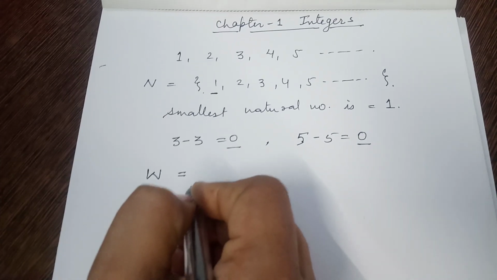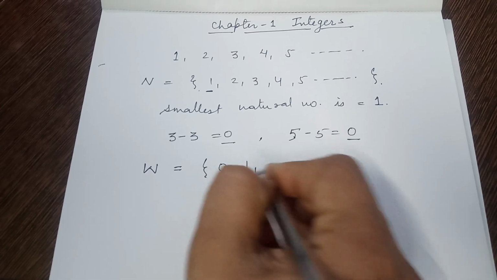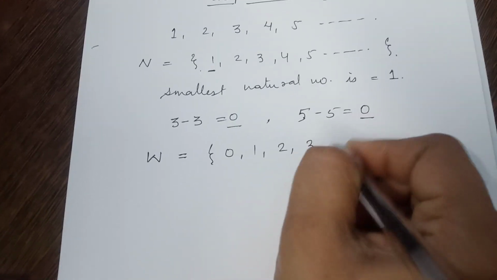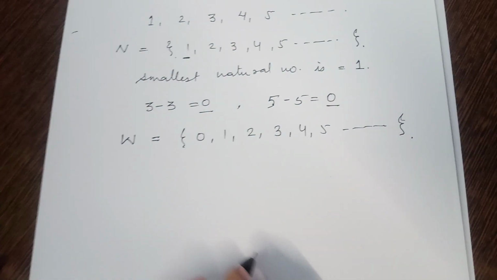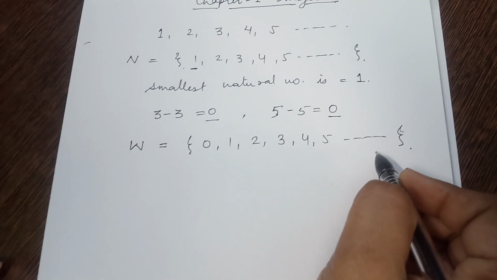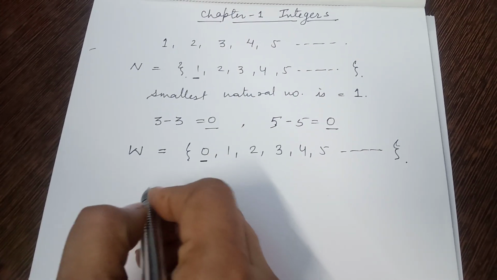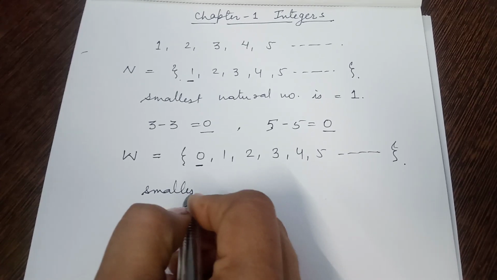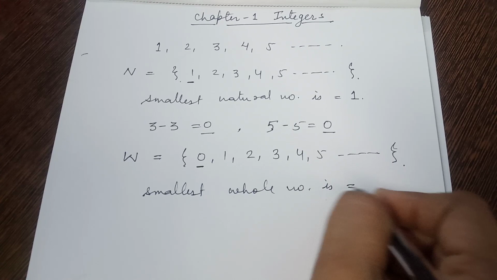It is denoted by W and it starts from 0, 1, 2, 3, 4, 5 and so on. Again there is no greatest whole number, but the smallest whole number is 0.